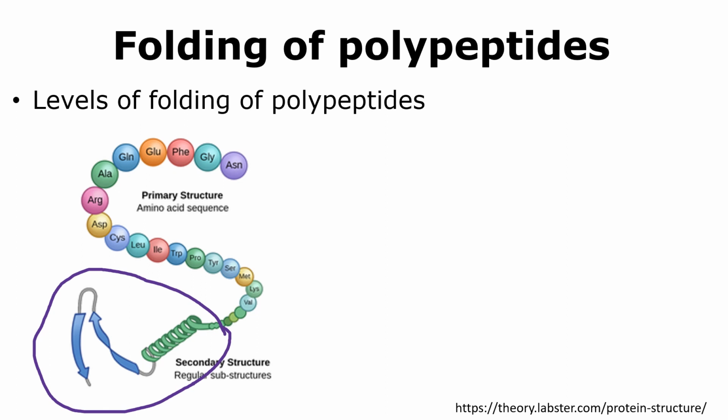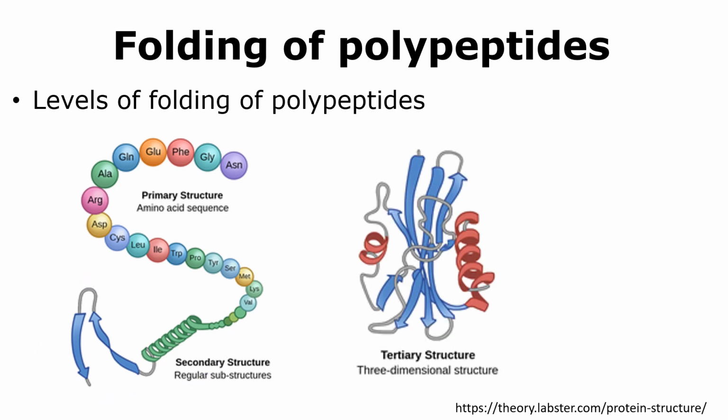Two very common secondary structures are the alpha helix, which is a helical structure made through the arrangement of the amino acids, and ribbon-like structures called beta sheets. And these secondary structures can further fold to form a three-dimensional tertiary structure that we can see here.